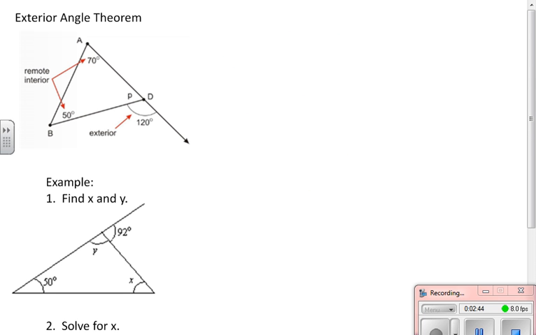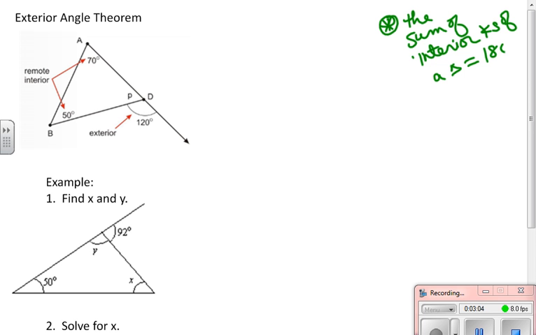Now the exterior angle theorem is a pretty powerful theorem when it comes to finding the angles in a triangle. And now remember, the sum of the interior angles of a triangle equals 180. That's something that we learned way back.